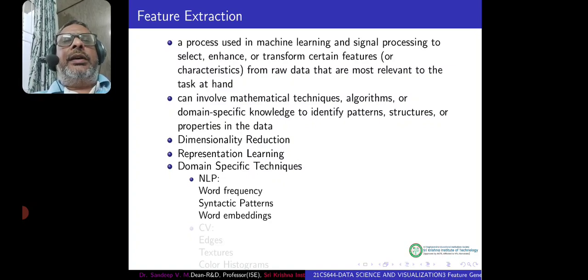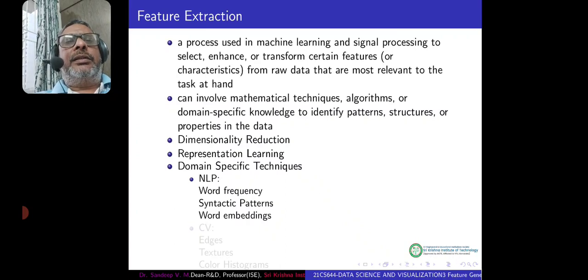These are nowhere visible in the real data. The real data for natural language processing is a sequence of characters or words, and these words are pre-processed to find these domain specific features. So we extract the features.